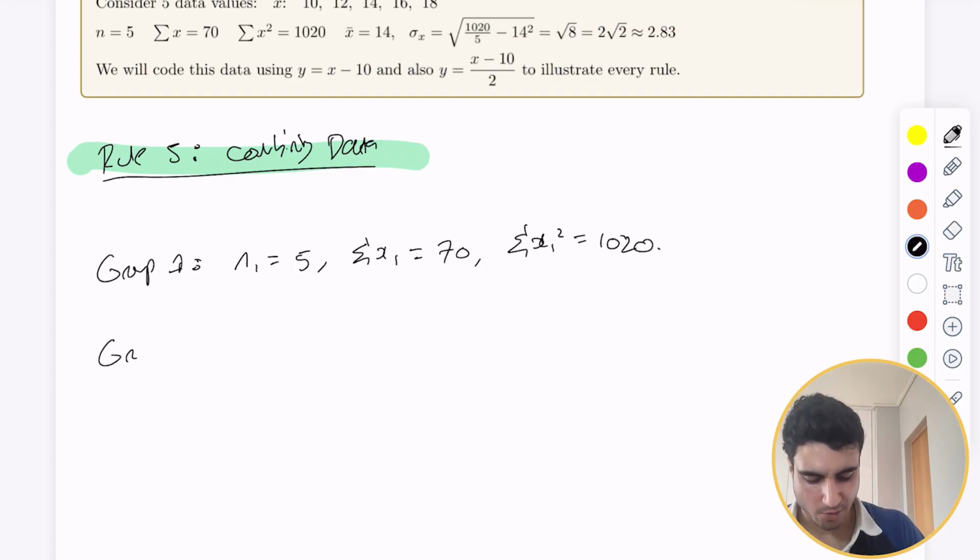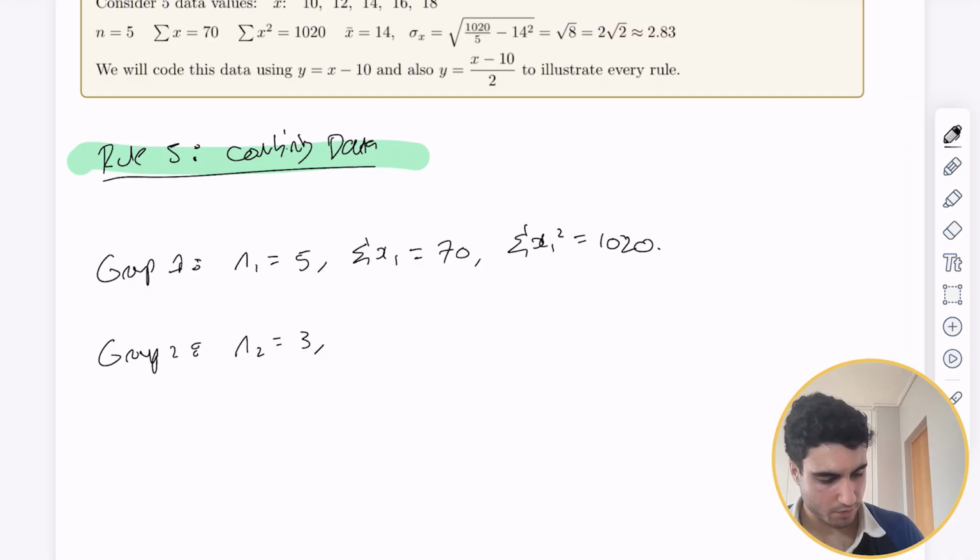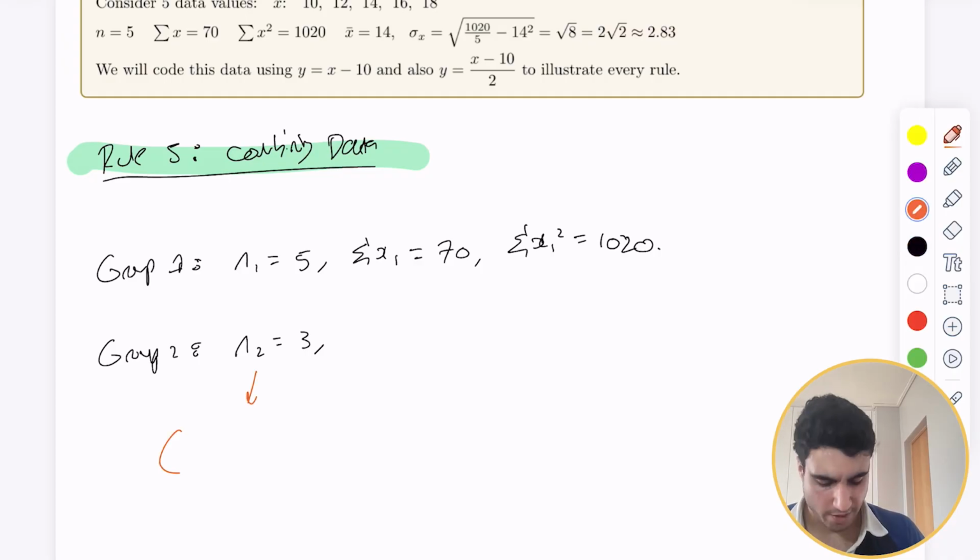Now let's imagine we have a group 2. Now in group 2, let's say we have 3 values, let's say 20, 22, and 24 as those values, right?